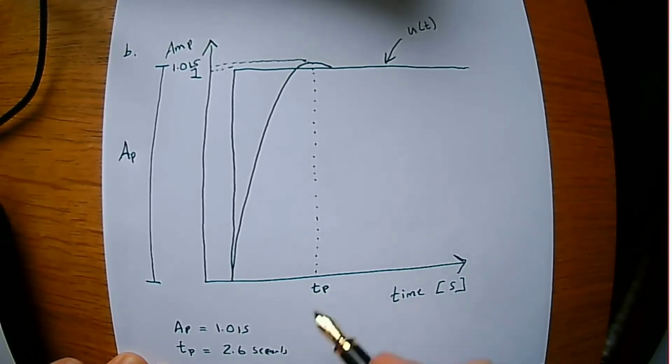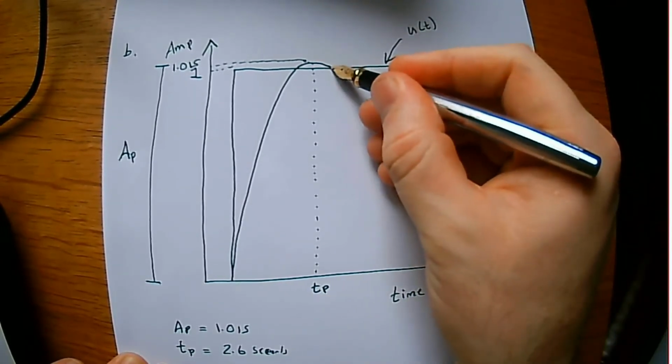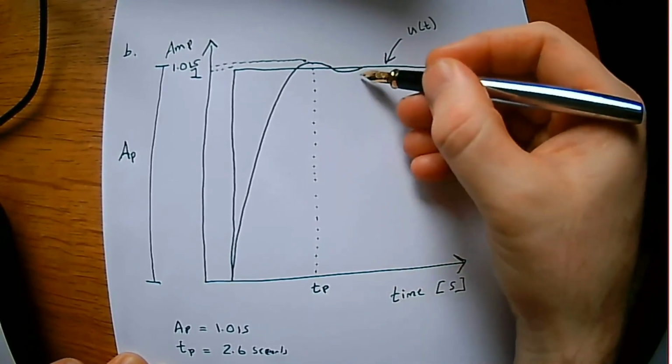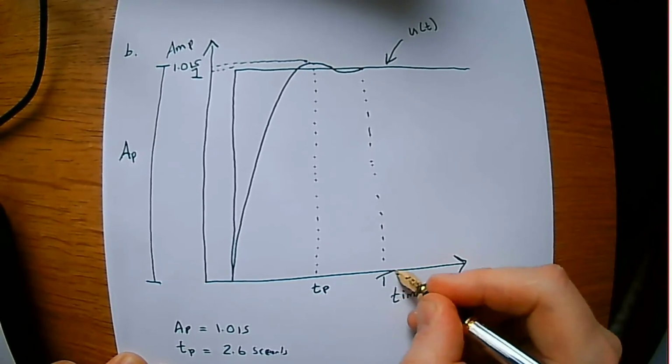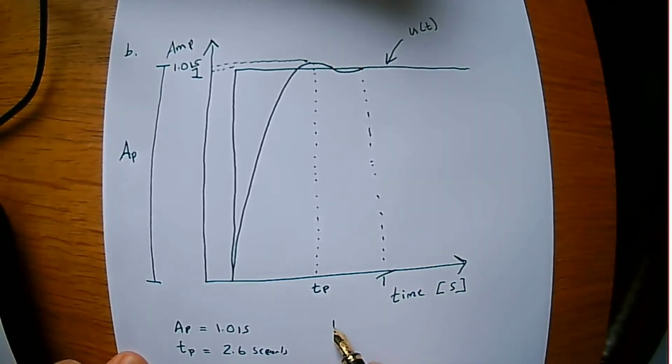Okay. And then you think 1 period, so the response could die away. T is 1 period, so T is here. T was effectively just equal to 5.2 seconds, just double TP. So we've got peak time, we've got period time, we've got rise time.